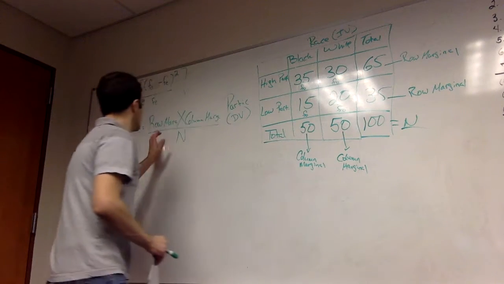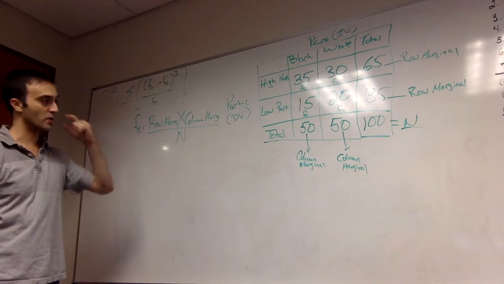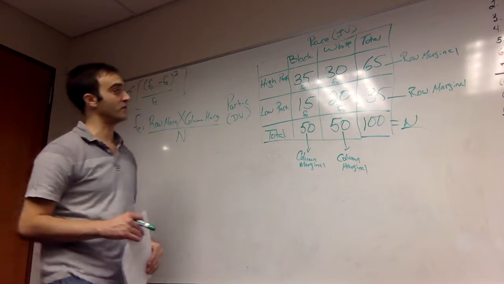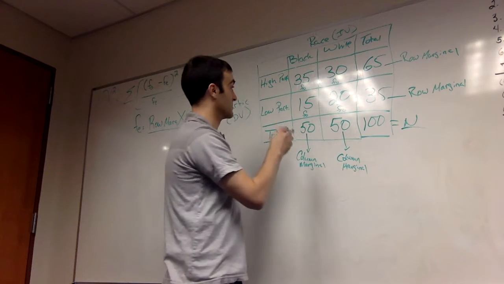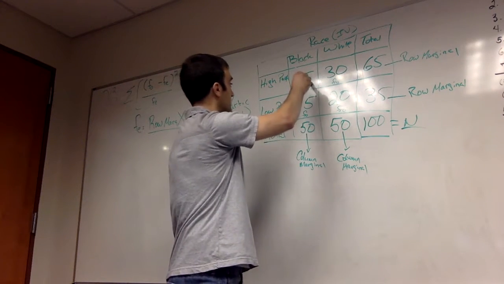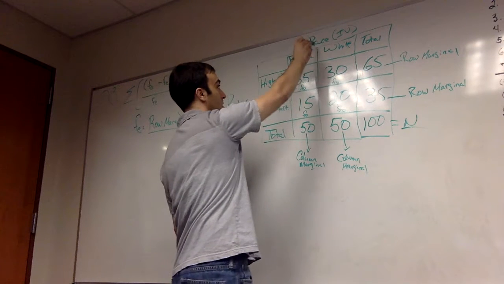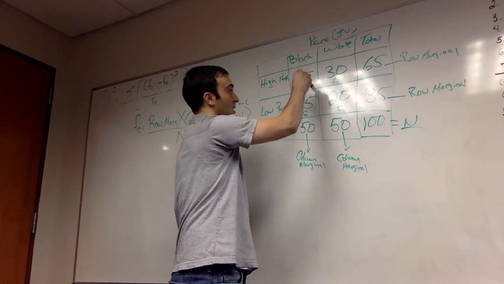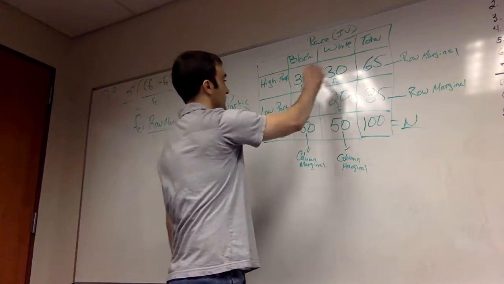We use this formula, FE equals a row marginal times a column marginal over N, to figure out the expected values we should see in each of these substantive cells. So we observed 35 high participating blacks. If there's no relationship between race and participation, what should we see in that cell? Same thing for high participating whites.